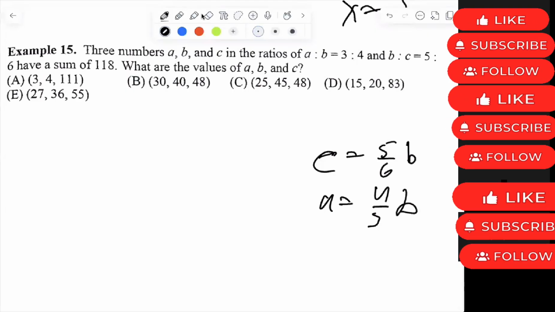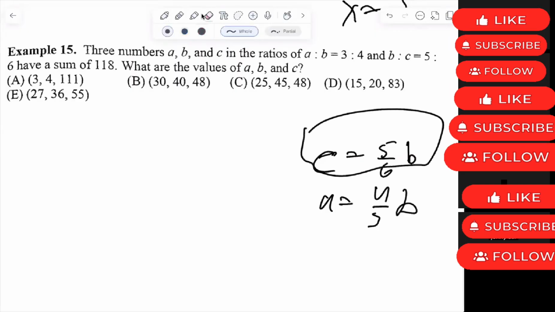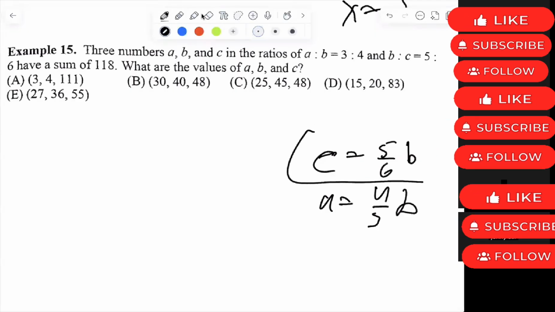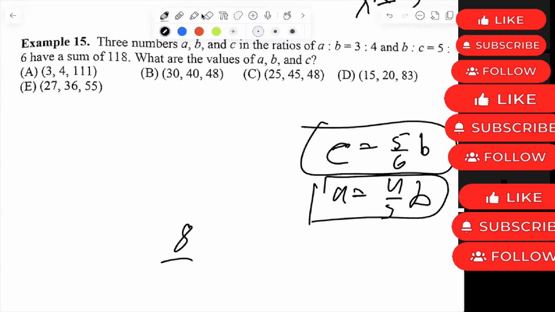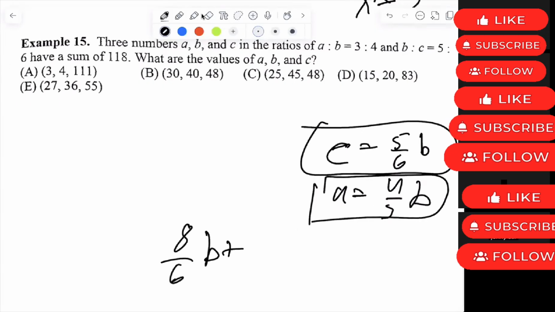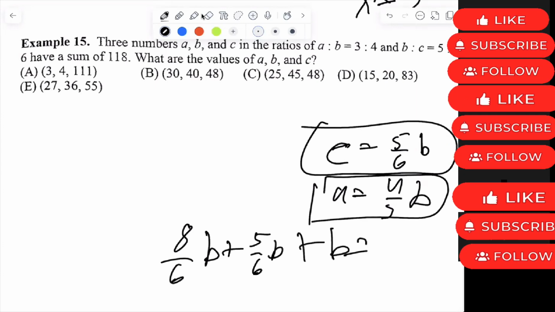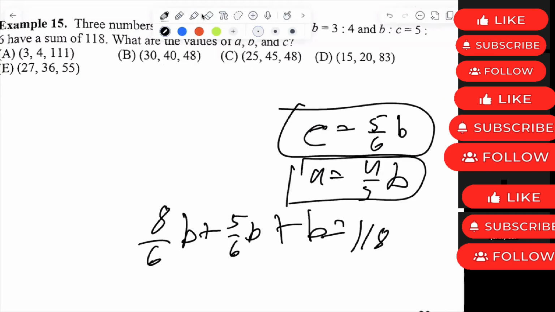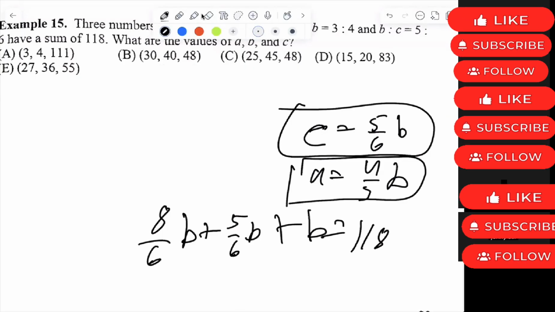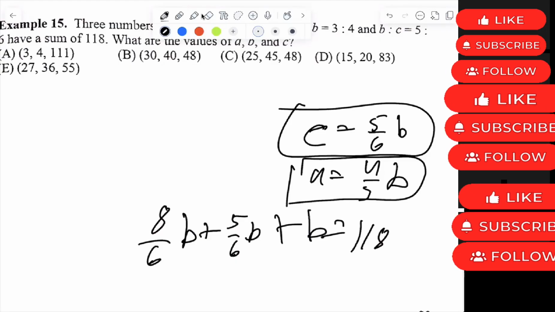Alright. Now, using these equations, we can add all of this up. We get 4/3 plus 5/6 plus 1, times B, is equal to 118. Or you could have just guessed and checked to see which criteria matches it.